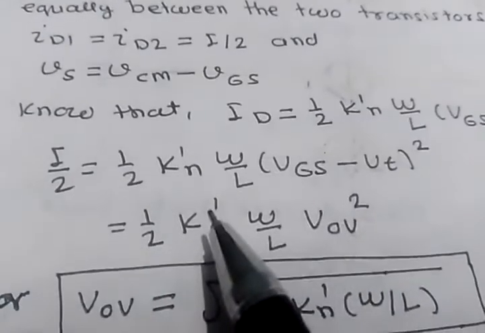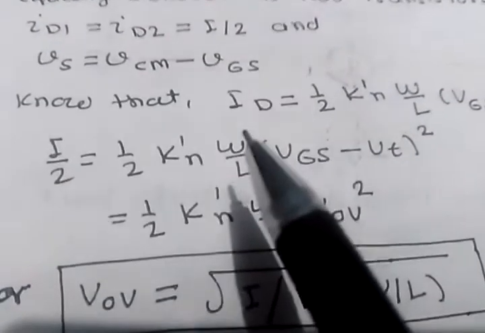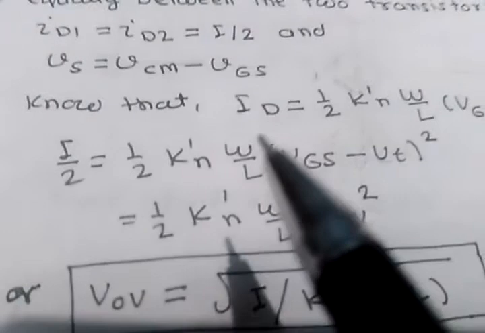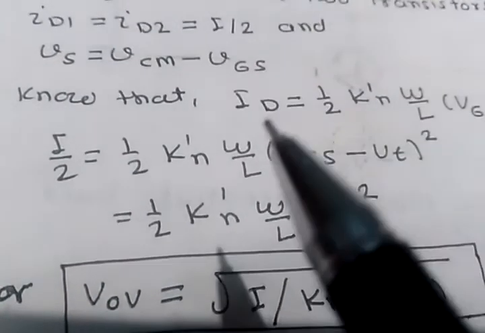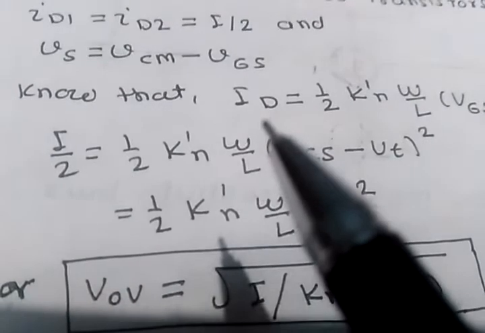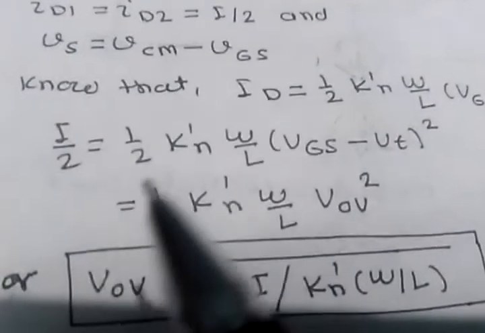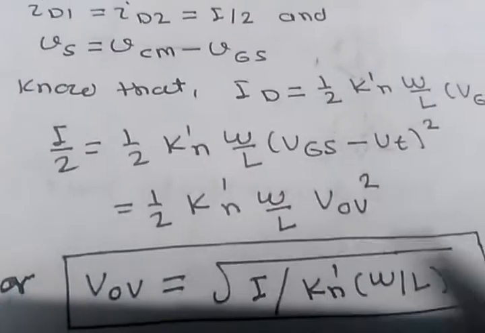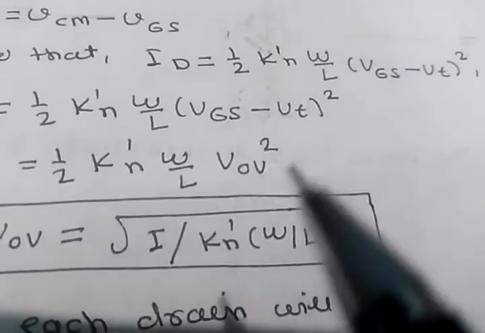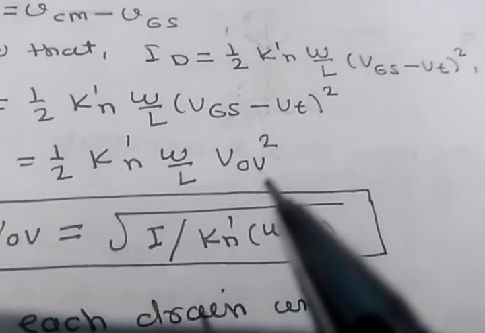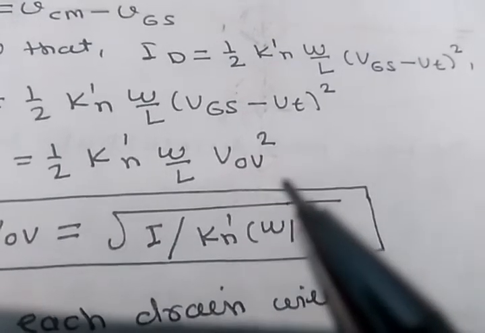Under common mode operation, the drain current in both the transistors are same and equal to I by 2. So we put ID equals I by 2 here. And at the place of VGS minus VT, we write VOV. VOV is known as overdrive voltage.